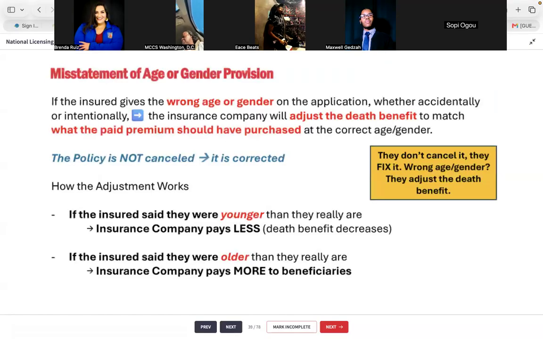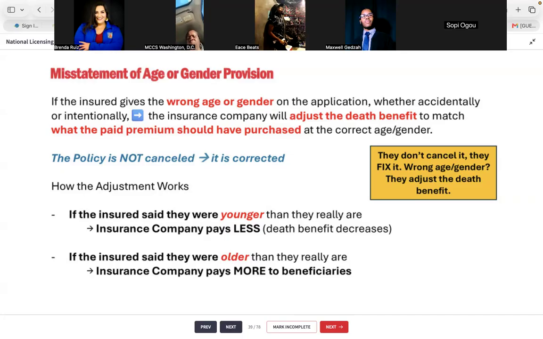All right. Now, what happens if you accidentally misstate some information, right? Maybe you're not intentionally trying to defraud the insurance company, and it's a simple mistake that doesn't really impact whether or not they would get coverage, something like a misstatement of age or gender.